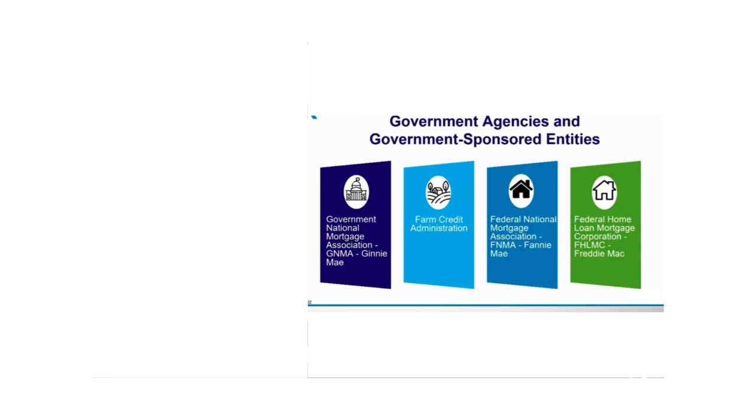Ginnie Mae is sometimes called GNMA, or the Government National Mortgage Association. And it's a government corporation that guarantees the timely payment of principal and interest on mortgage-backed securities. The key points I want you to remember about Ginnie Mae are, first of all, these are mortgage-backed securities, and secondly, these make monthly payments to investors that are a combination of interest and principal.